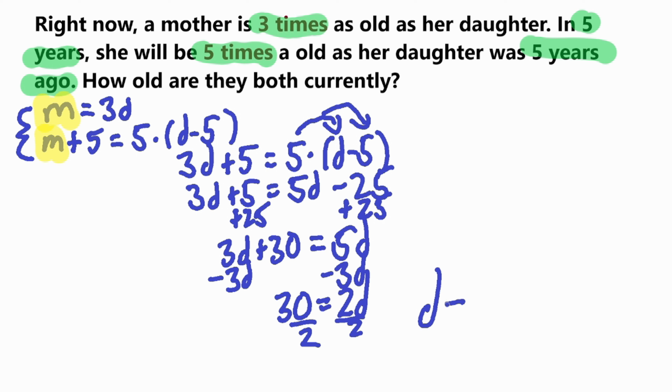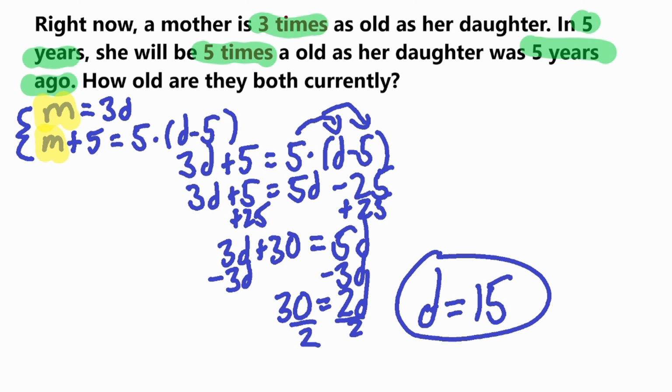And now all we have to do to solve for D, the daughter's age, is divide by 2. So we get that the daughter's age is 30 divided by 2, which is 15. And now you may be thinking we have the daughter's age but not the mother's, but these equations are connected. So in order to find the mother's age, we just need to plug in our D into this equation here to get the mother's age, since M is equal to 3D.